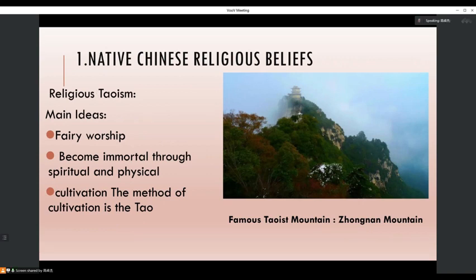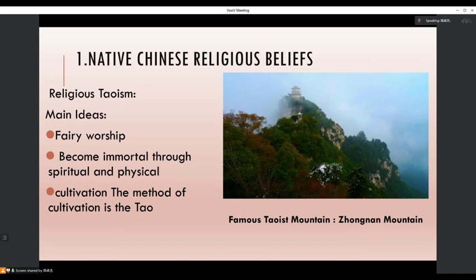Let's look at the next slide. Religious Taoism. The picture is a mountain, Zhongnan Mountain, in Shaanxi province. Taoists like to live in the mountains.